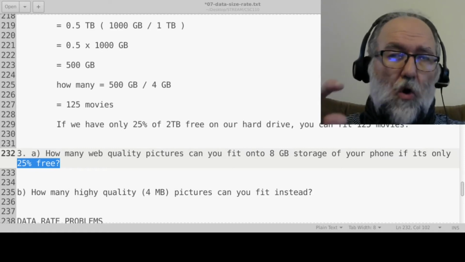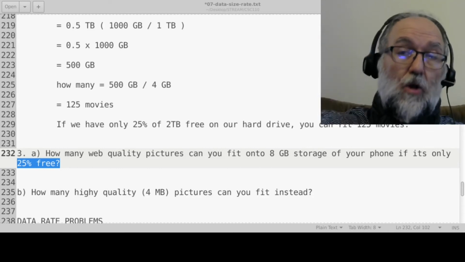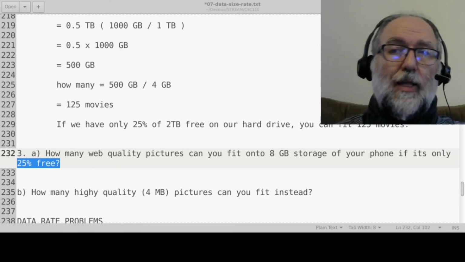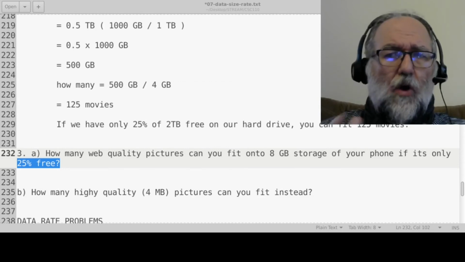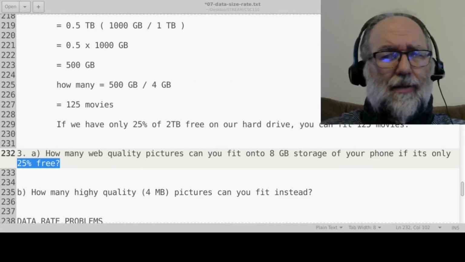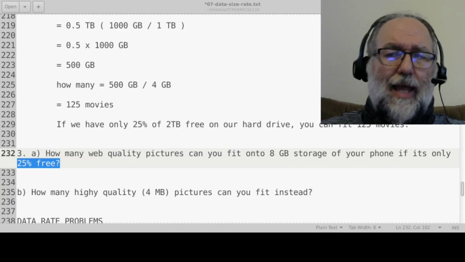Notice that phones are in the gigabyte range for storage, whereas laptops are in the terabyte range. And a terabyte is 1,000 times bigger than a gigabyte. So what this tells you is that your phone is about 1,000 times smaller. Well, maybe a bit less than that.